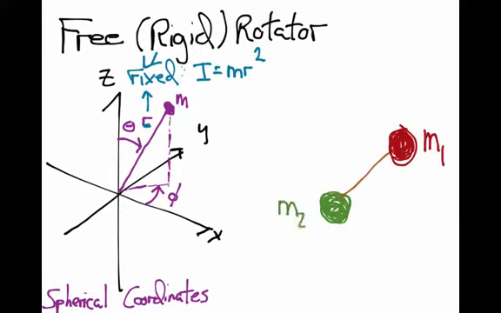And to give this some physical representation, the molecular system that this is consistent with is a diatomic rotator where we have 2 masses, think 2 atoms, m1 and m2, separated by some bond length r. And it's rotating.